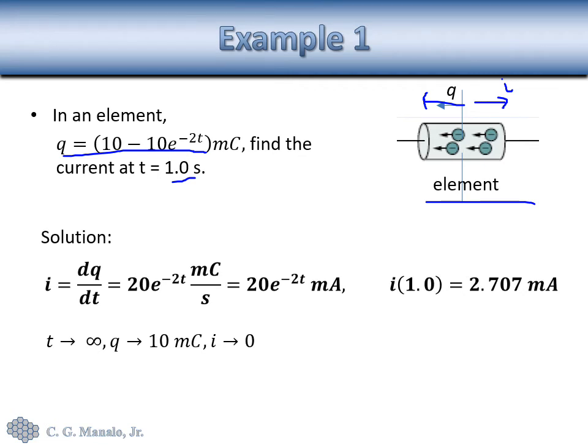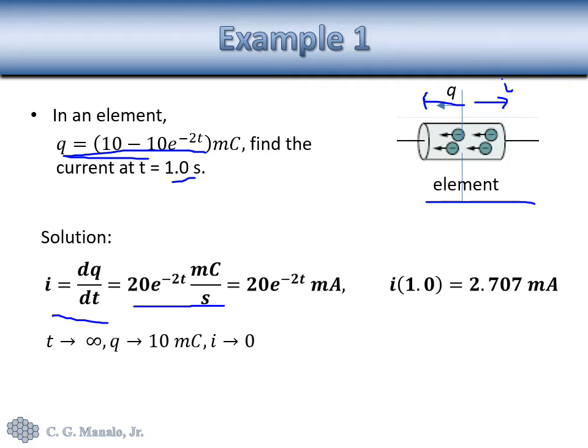Let's go over the solution. Since current can be expressed in terms of the rate of change of the charge that crosses a given point, we can get the current by simply getting the derivative of this expression. That is shown here.